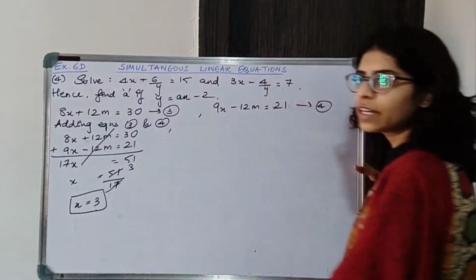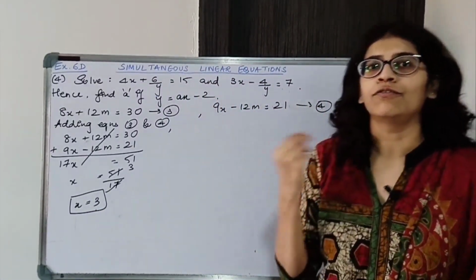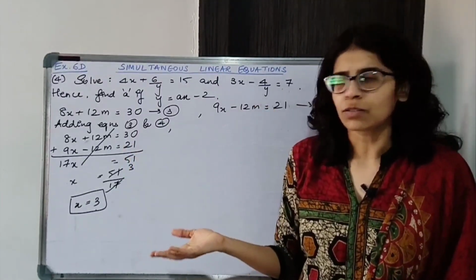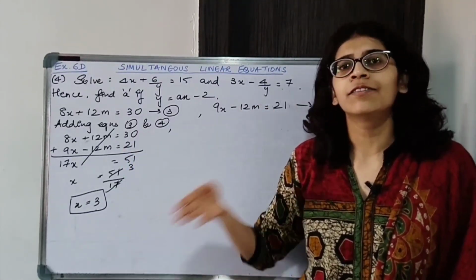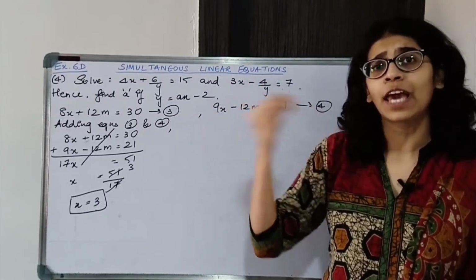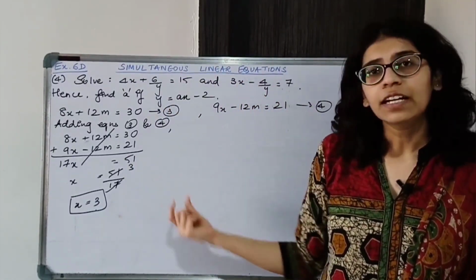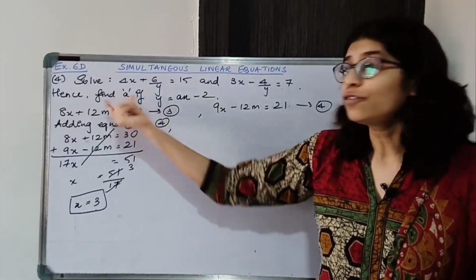We found the value of x, now we need to find the value of y. There is no point in finding the value of m over here. What you can do is directly find the value of y instead of finding m and then y. Once we get x and y, we need to find the value of a.